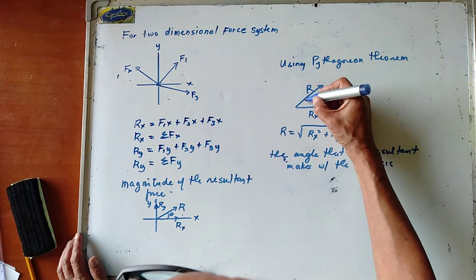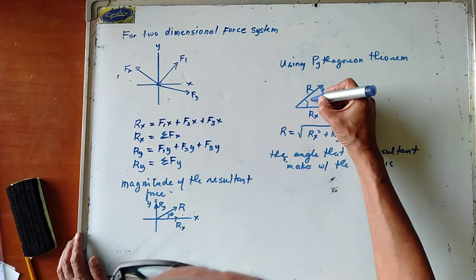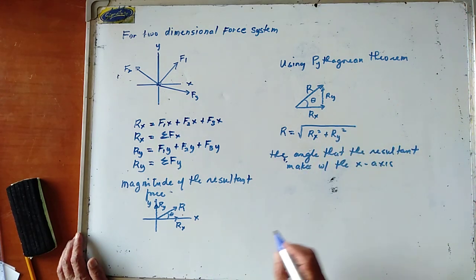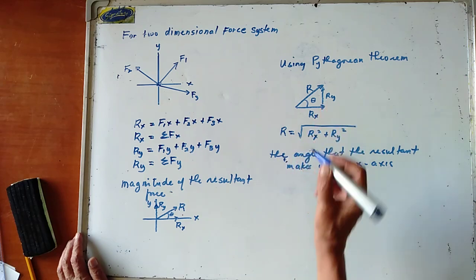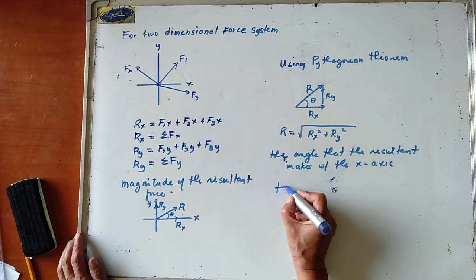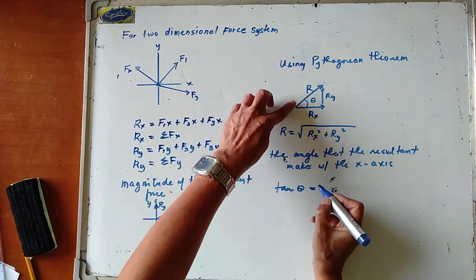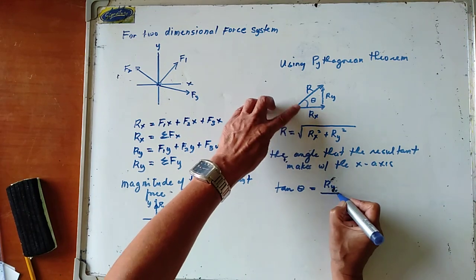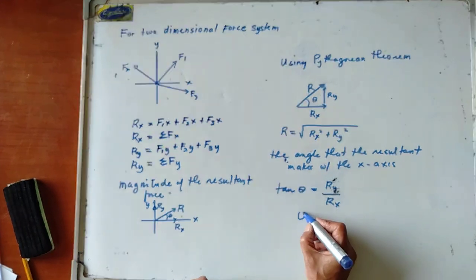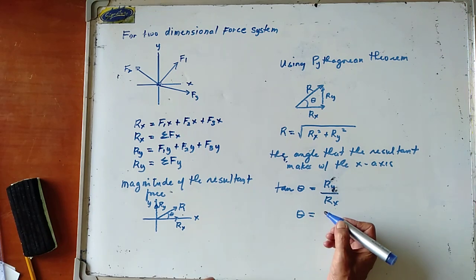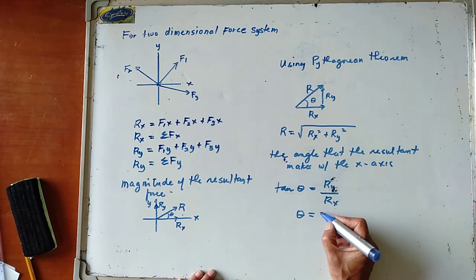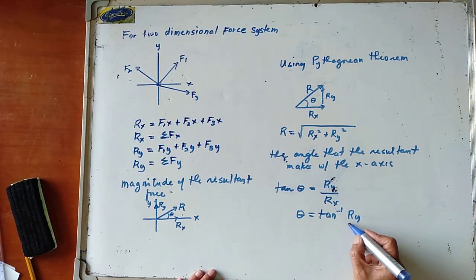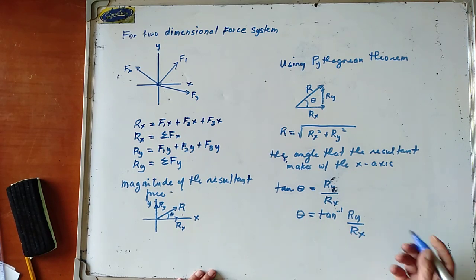So the tangent of theta is equal to Ry all over Rx. Therefore, the angle that the resultant makes with the x-axis is equal to the arctangent of Ry all over Rx.